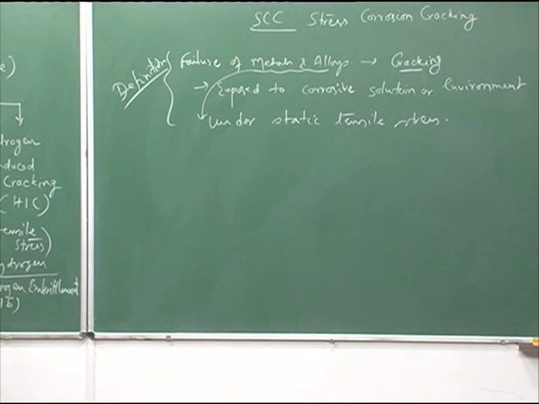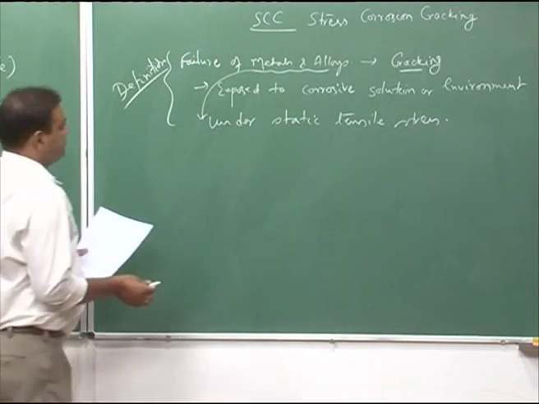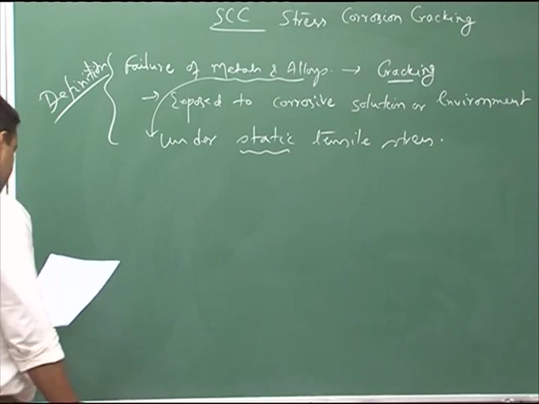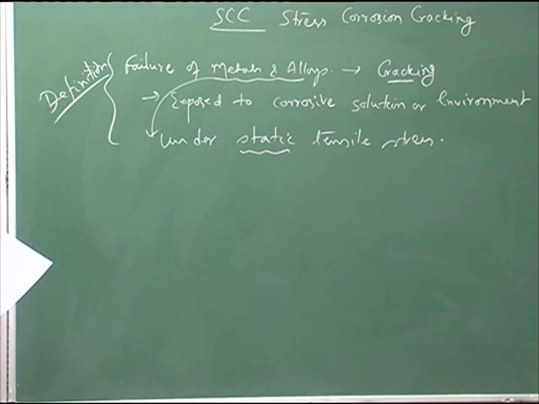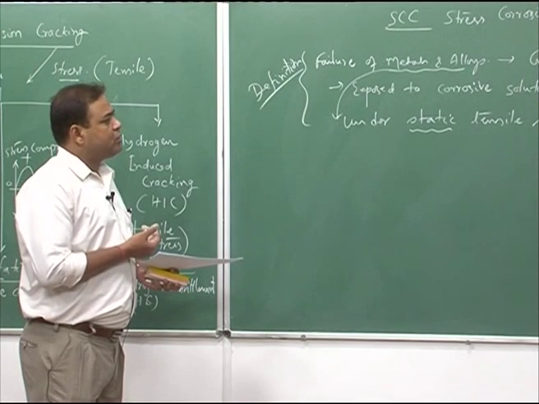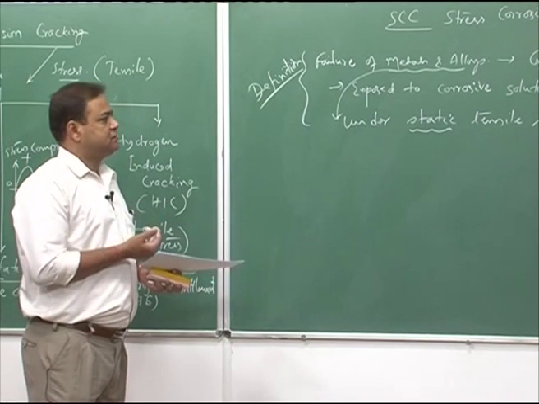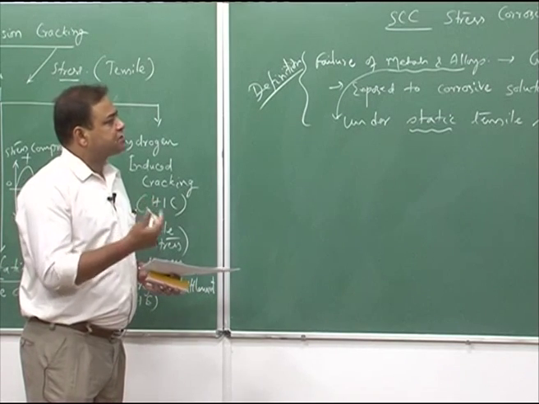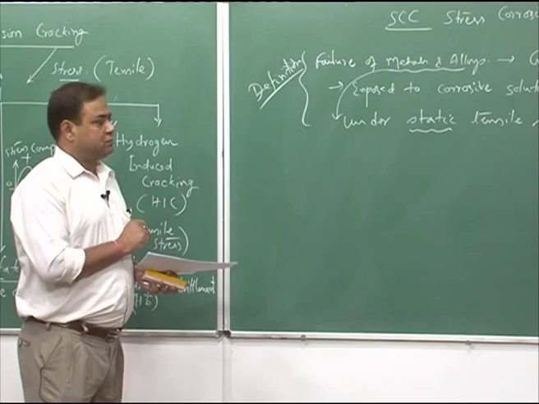Now, in this case, the tensile stress should be static, and at the same time the stress at which stress corrosion happens will always be less than the stress for the mechanical failure without the action of corrosive solution.